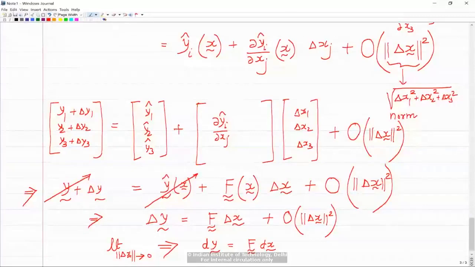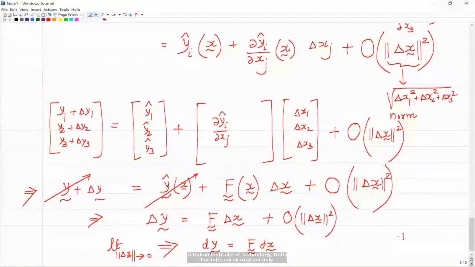Suppose this delta x is 0.1, then its square is 0.01. But I'm not talking of 0.1. You have to take the limit going to 0. So suppose it is 10 to the power minus 4. Then the square is 10 to the power minus 8. So you can see there is so much of difference. If delta x is 10 to the power minus 8, then its square is 10 to the power minus 16.